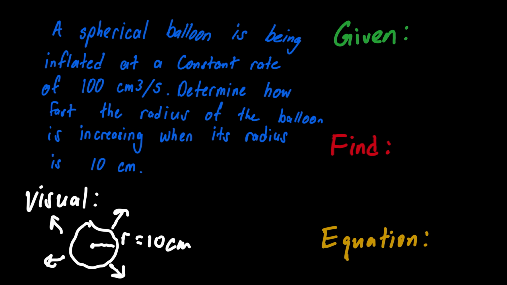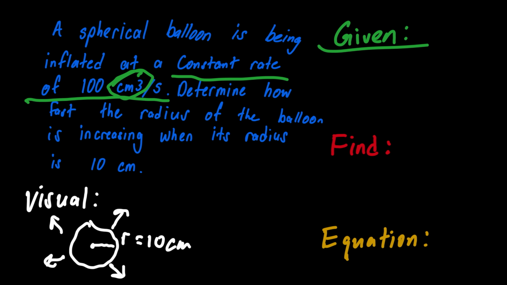So the first thing we want to do in this question is figure out what we're given. What is the information the question gives us? Well, it says a spherical balloon is being inflated at a constant rate of 100 centimeters cubed per second. So a rate, and what's being changed is the volume, right? Because this is centimeters cubed, and any measurement of length cubed is a measurement of volume.